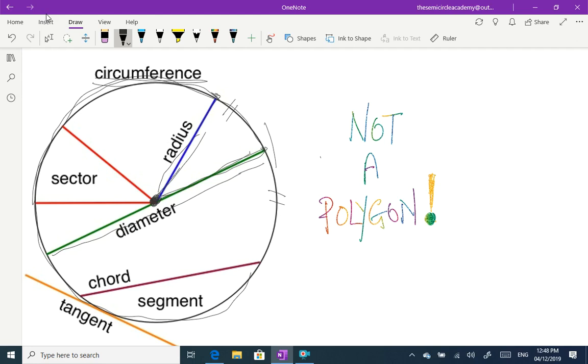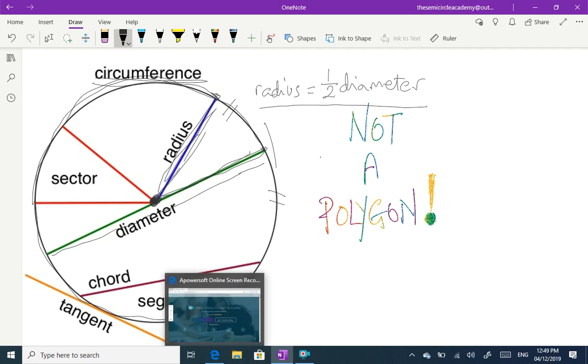So you could see that the radius is actually a half of the diameter, and this is a super important property of a circle that we are all going to have to remember: the radius is actually half the diameter. This radius here is half the length of this.